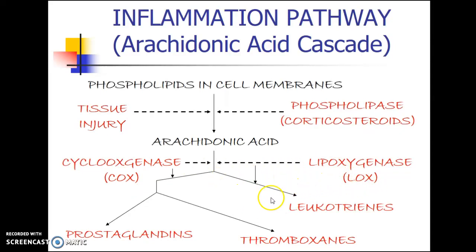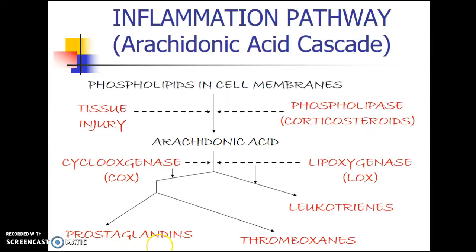Depending on which side of this gets activated, and cyclooxygenase tends to be activated more, we also produce these inflammatory mediators. So prostaglandins have effect on a lot of different parts of the body.